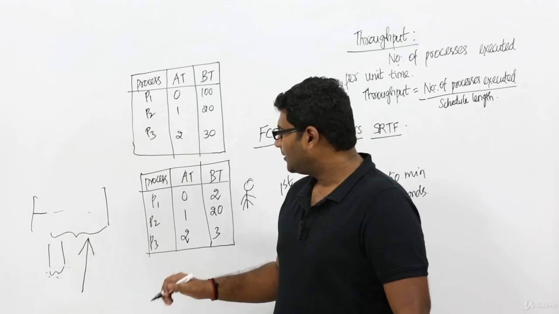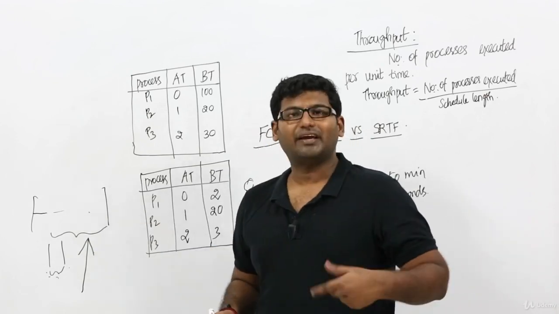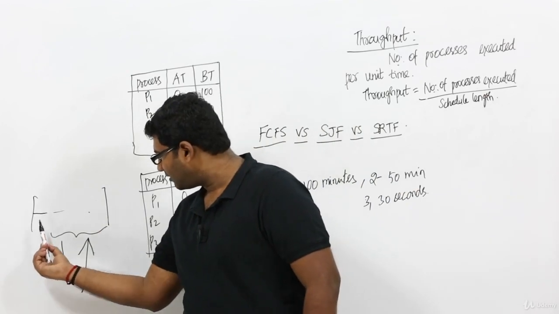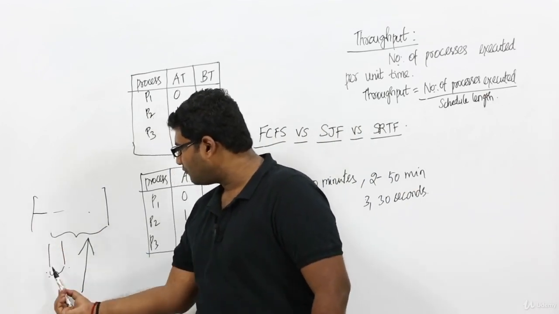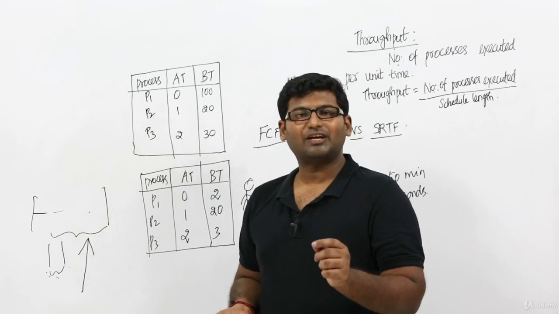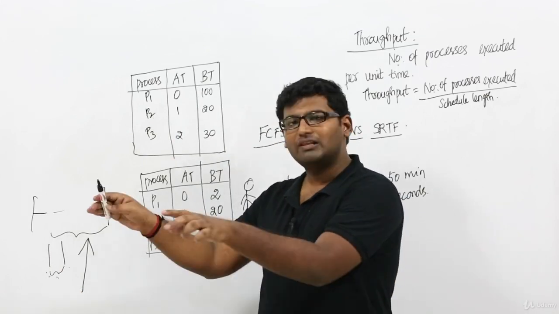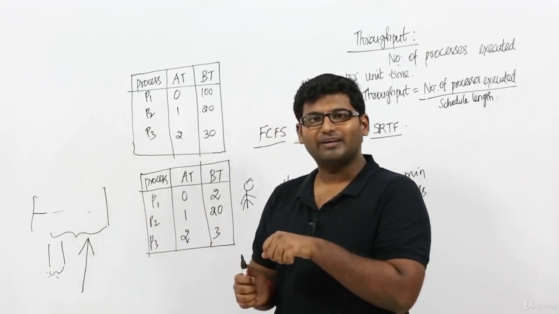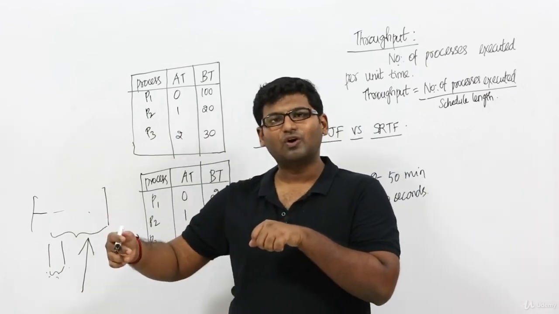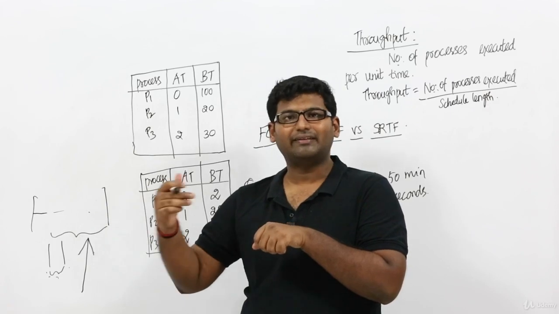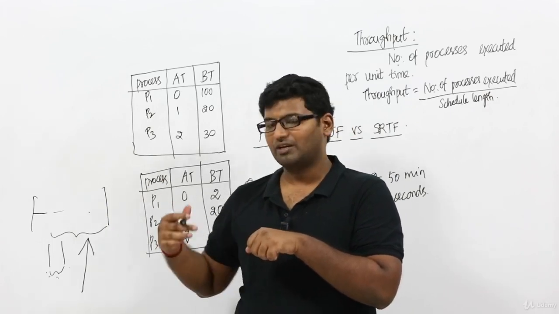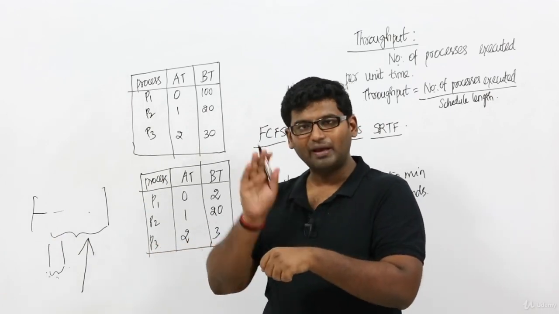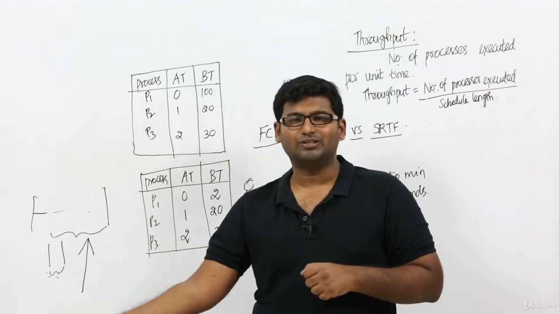Why? Because FCFS as well as SJF are non-preemptive scheduling algorithms. Once a process has started executing, we will never preempt it. Whereas in case of SRTF, among all the processes which are available, it will pick the smaller process, and in case some other process with a lesser burst time arrives, SRTF will preempt this process and continue with the smaller process.